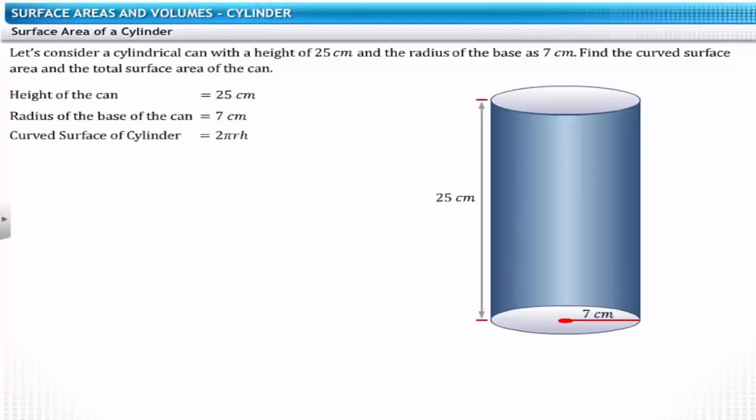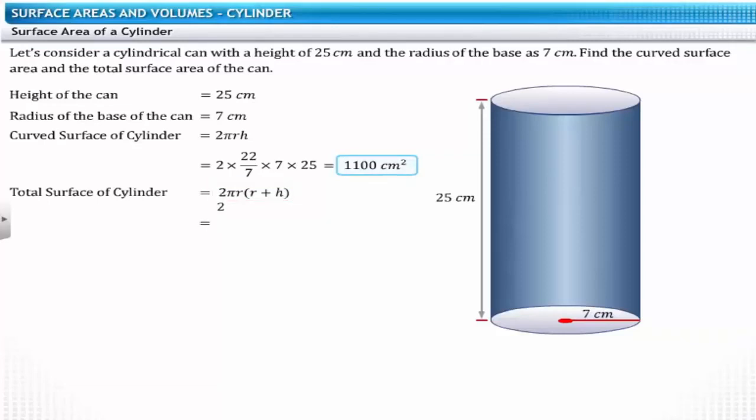Upon substituting and solving as shown on the screen, you get the area of the curved surface as 1100 square centimeters. Upon substituting and solving, you get the total surface area of the cylindrical can as 1408 square centimeters.